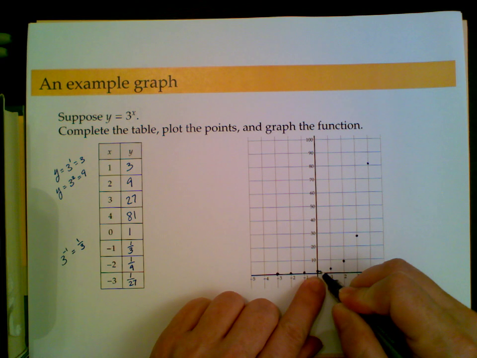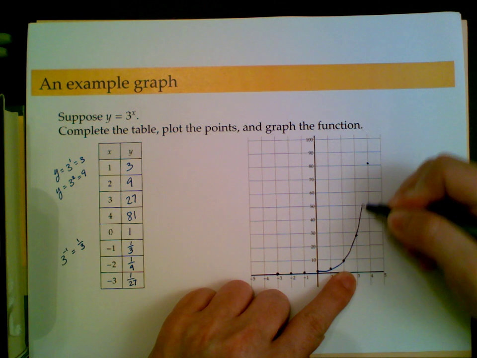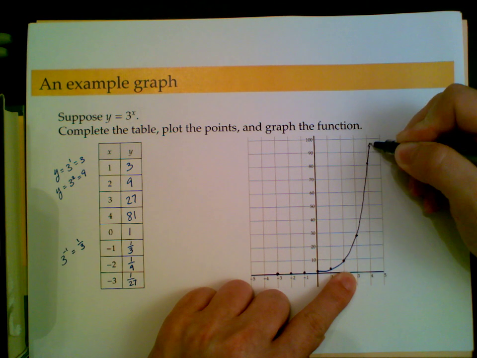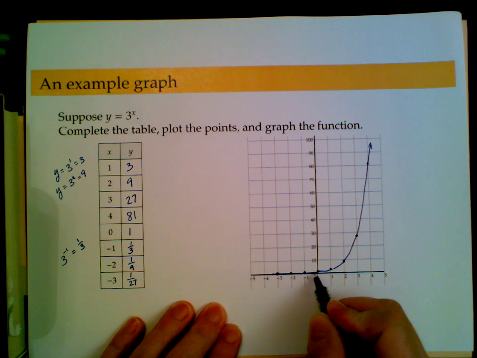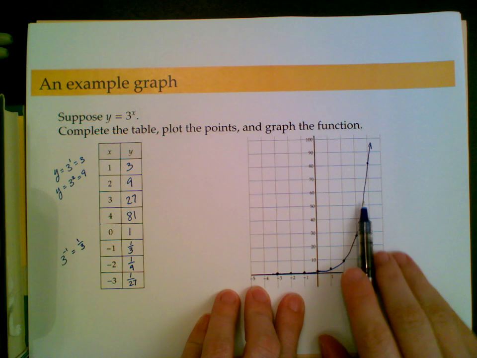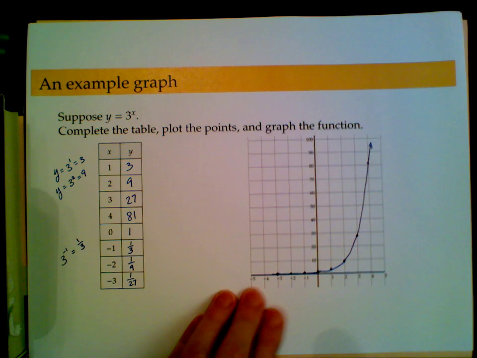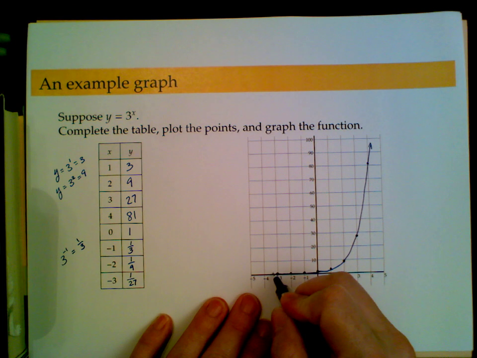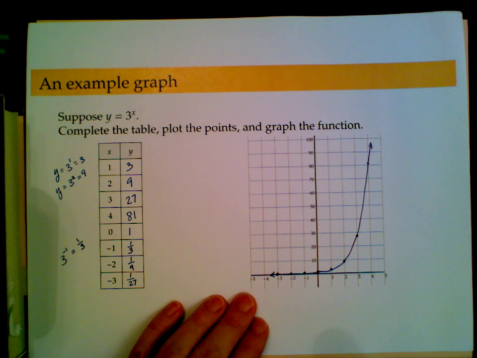Let's sketch in the curve of this function now. It has this shape in the positive x direction. Notice that the y is going increasingly up. In the negative x direction, it's getting increasingly close to 0.